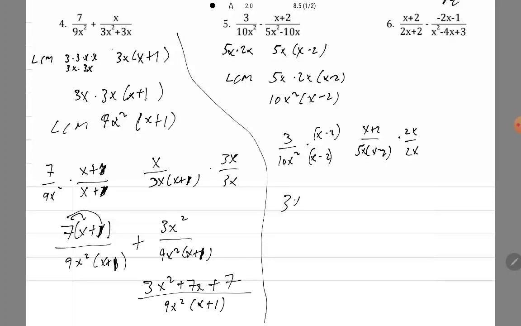So I'm going to get 3x minus 6, that's distributing, minus, I'm going to go ahead and put a minus sign here, 2x squared plus 4x, all over 10x squared, x minus 2.